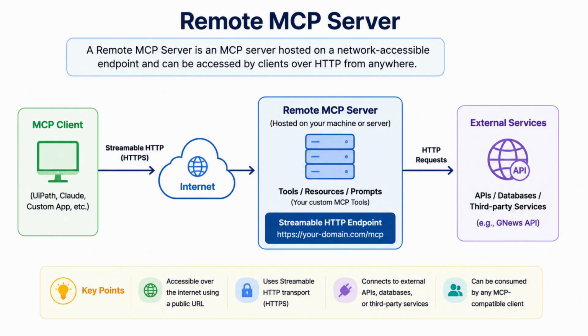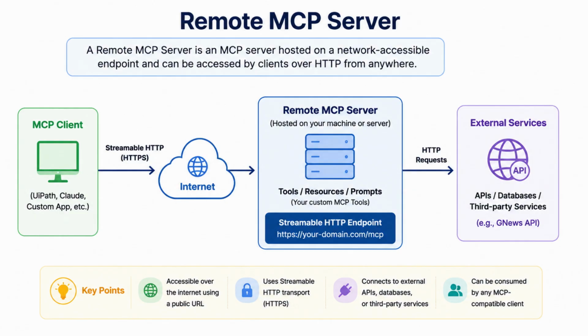Unlike a local MCP server, which runs on the same machine, take the example of the Command MCP server where we built a local file system, where the client and server live on the same machine. I created that MCP server on my machine, so it will work only on my machine.